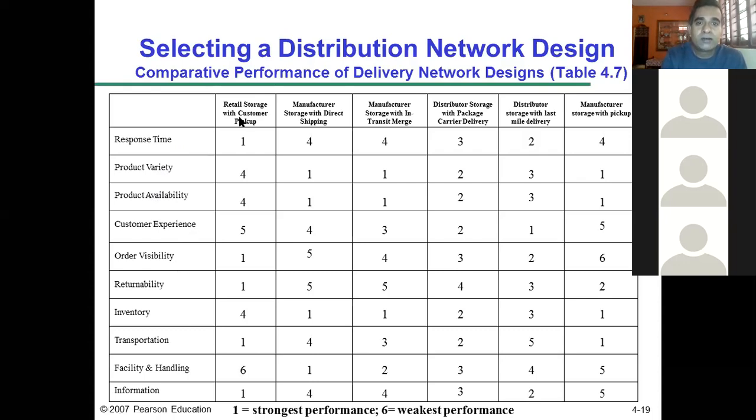And these are the different types of distribution networks that we just studied. For example, retail storage with customer pickup, manufacturer storage with direct shipping, manufacturer storage with in-transit merge, distributor storage with pickup, package carrier delivery, distributor storage with last mile delivery, and manufacturer storage with pickup.